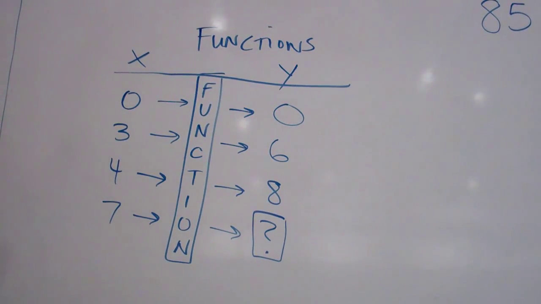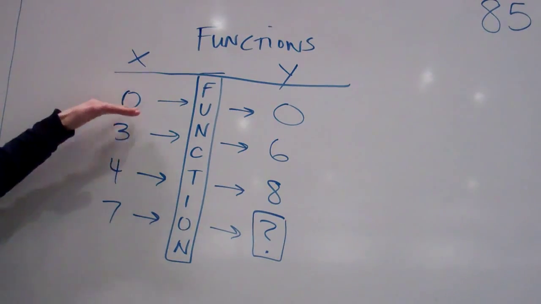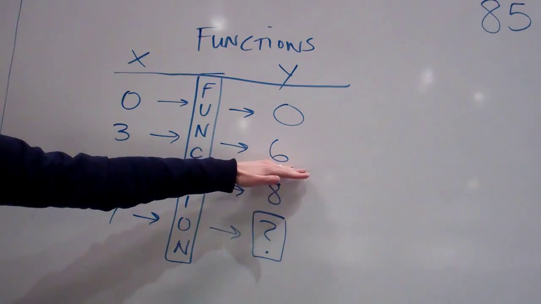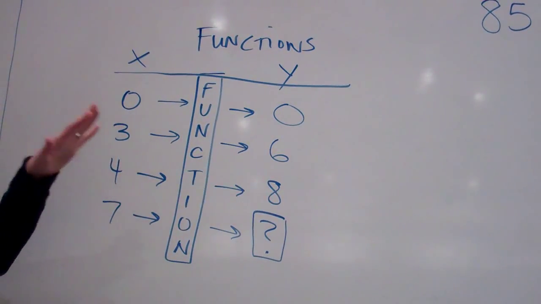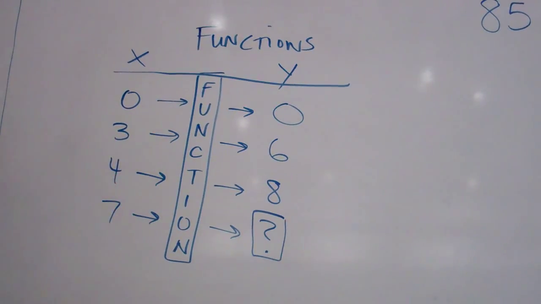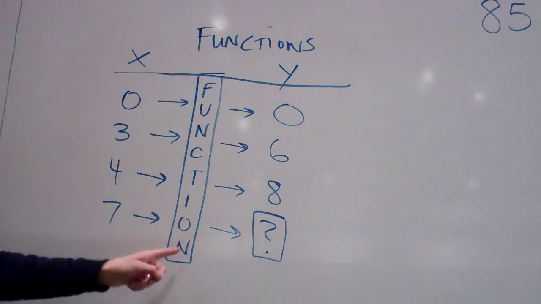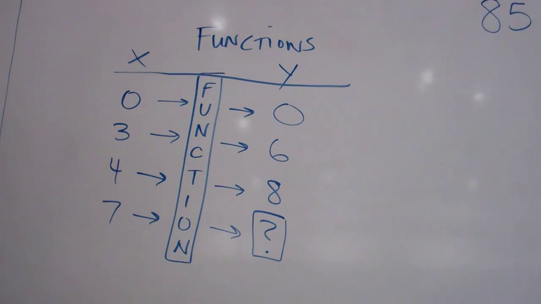I just need you to see what happens from 3 to get 6, from 4 to get 8. You're going to multiply by 2. So guess what? The function for this problem is times 2. That's what we're using for it to come out the way we want.